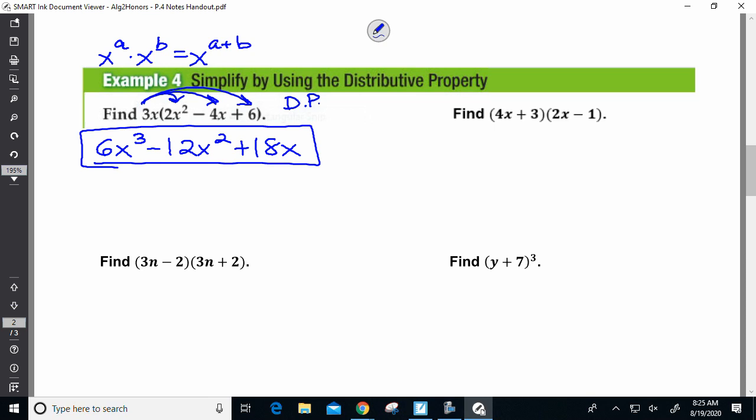So moving on to the right, 4x plus 3 times 2x minus 1. That's a FOIL problem.